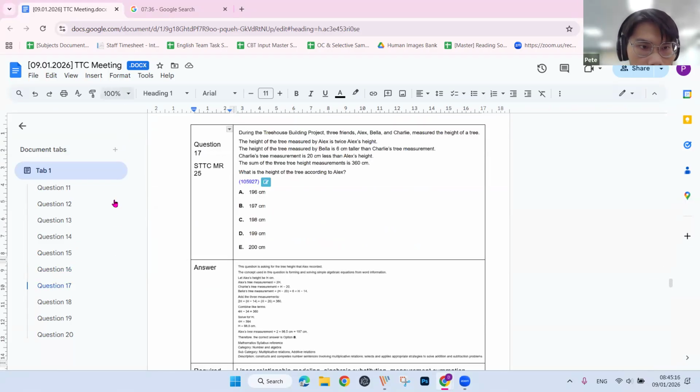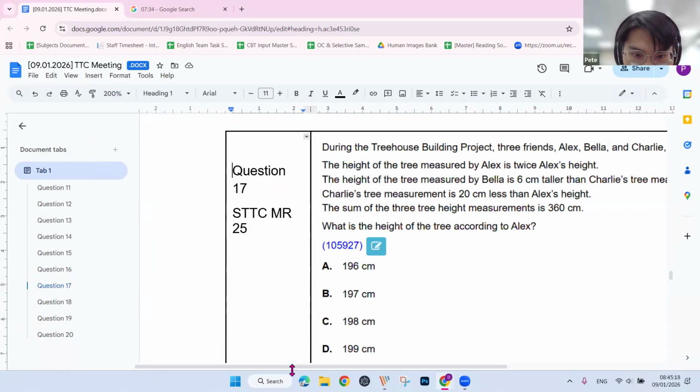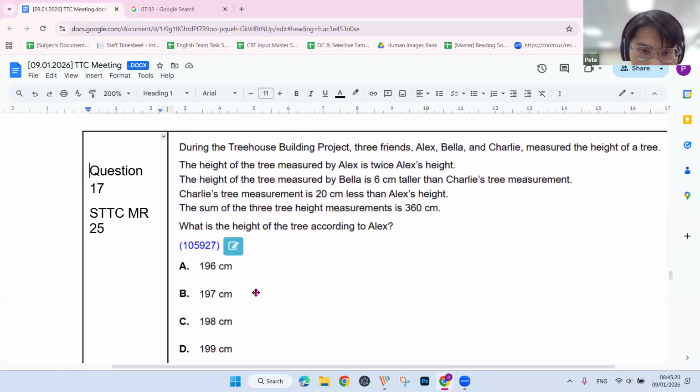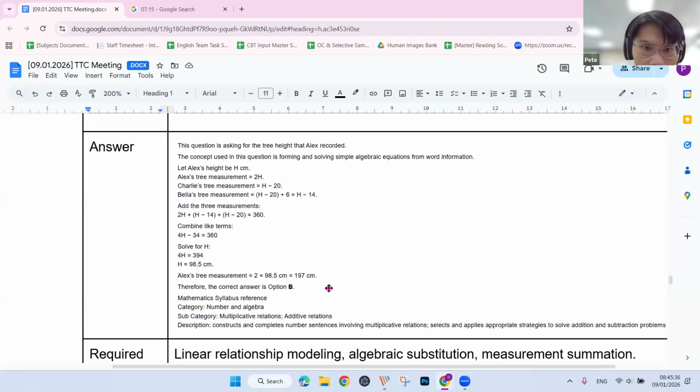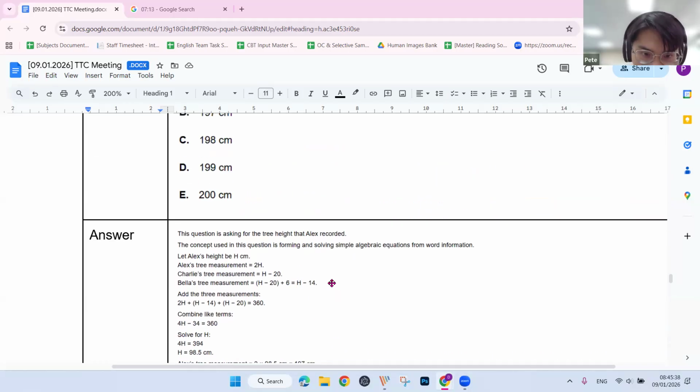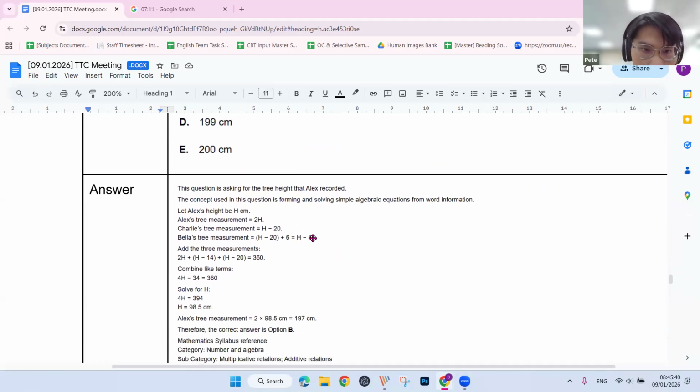Question 17. We need to find the height of the tree according to Alex, based on the given information. So we let Alex's height be h centimeters. Alex's tree measurement is twice his height, so that would be 2h.